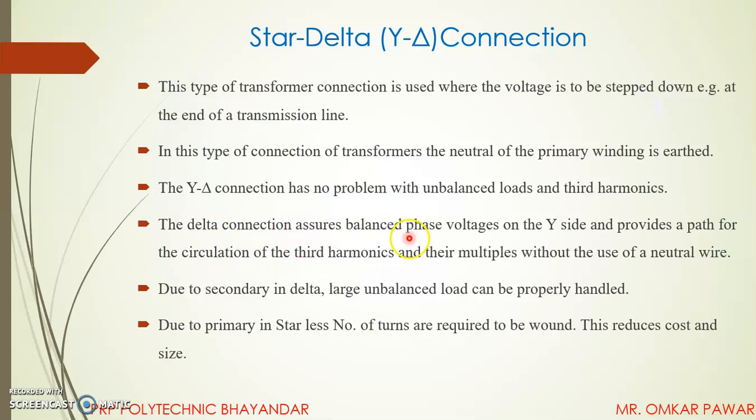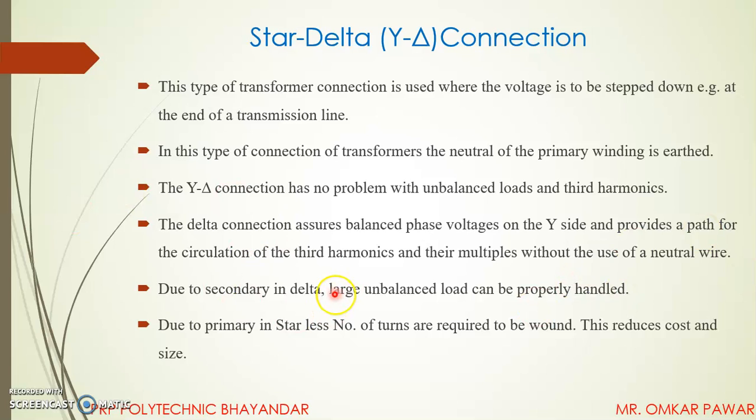So delta connection assures balanced phase voltage on the star side and provides a path for circulation of third harmonics and their multiples without the use of a neutral wire.